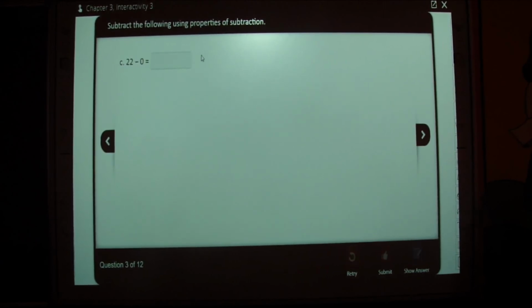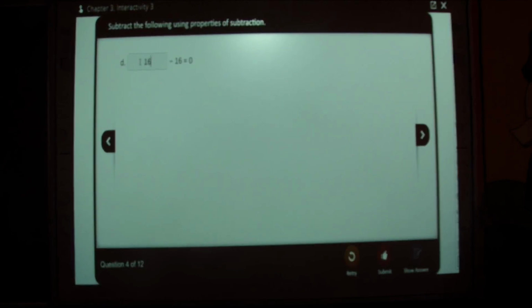Then 22 minus 0. It is a 0 property. 22 minus 0 is equal to 22. The next one, blank minus 16 is equal to 0.